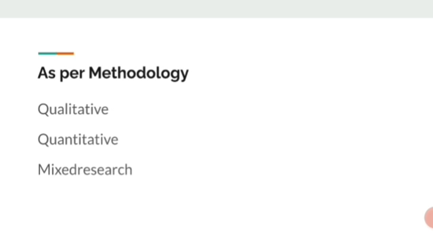As per methodology, the research is classified as qualitative, quantitative, and mixed research. The methodology we'll be discussing in detail regarding the qualitative and quantitative. So here I will just give what is quantitative and what is qualitative research.